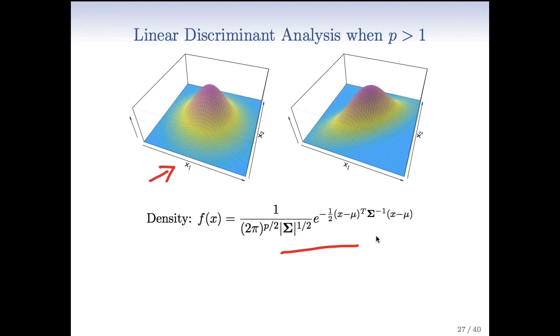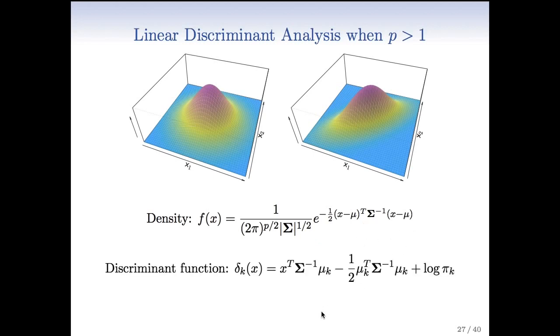Anyway, this is just a generalization of the formula we had for a single variable. This here is called a covariance matrix, and if you stare at this formula and you stare at the previous formula, you'll see that there are similarities, especially if you know a bit of vector algebra. If you go through the simplifications, if you know your linear algebra, you can do the cancellation similar to what we did before.